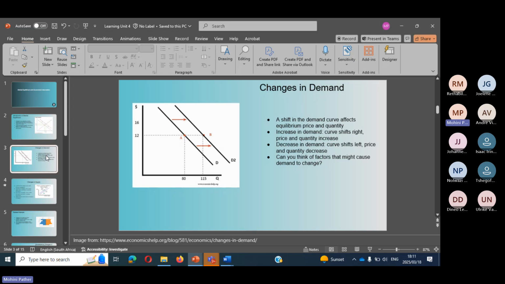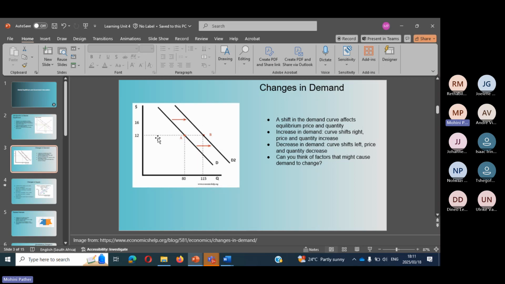So now if we have, for example, fewer people being employed, because obviously, there's a whole ripple effect, if they cause inflation, then unemployment tends to spike. But if this was the case and we actually had a decrease in demand that had nothing to do with the price of the product, then we would have a shift leftward.